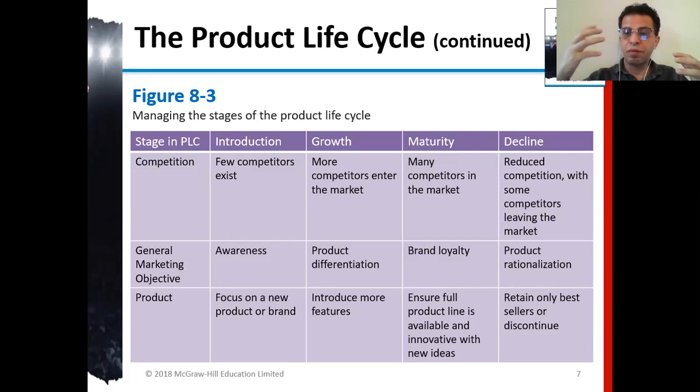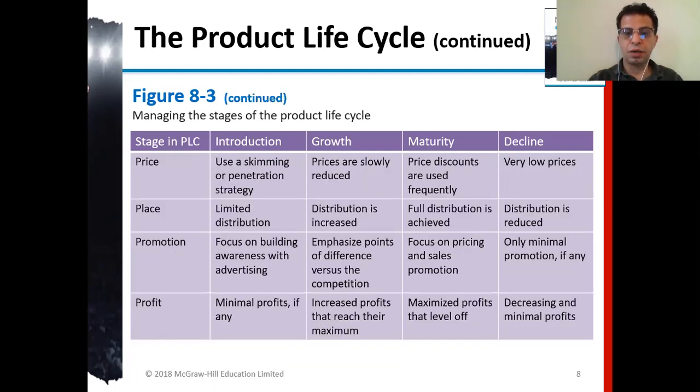Banner is made of financial, HR, SIS, student information system, LMS, CMS, but we focused on SIS where it was the best seller. Now, each stage also has a different price, places, promotion, and profit. Managing the stage of the product life cycle.